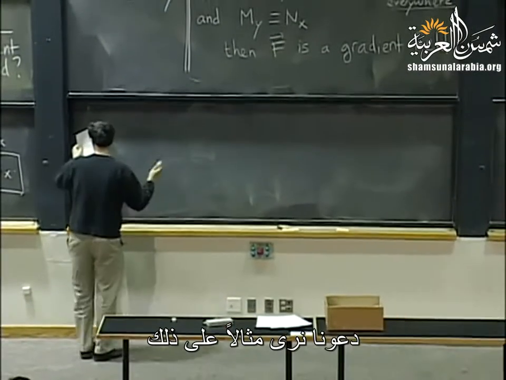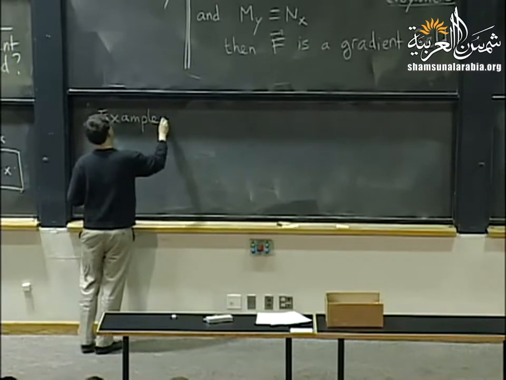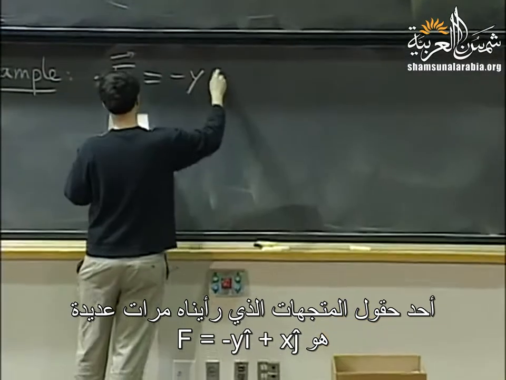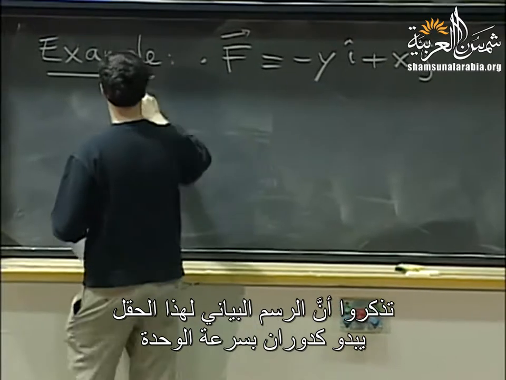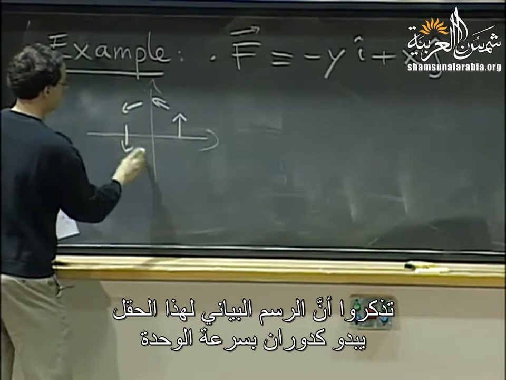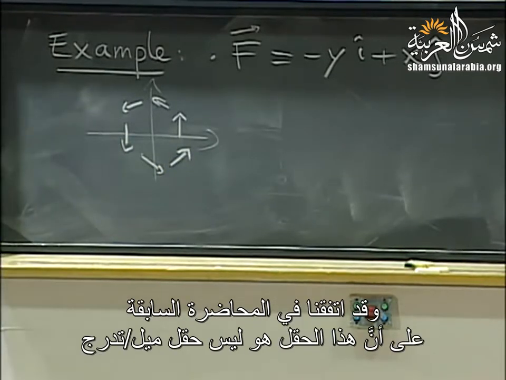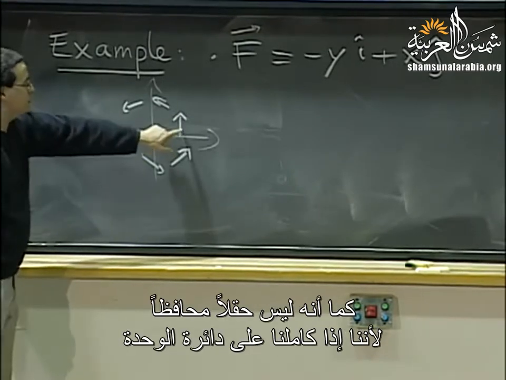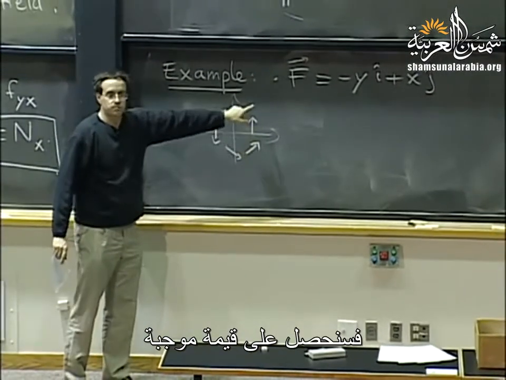Okay, so let's look at an example. One vector field that we've been looking at a lot was minus y i plus x j. Remember, that was the vector field that looked like rotation at unit speed. Last time we already decided that this should not be a gradient field and should not be conservative, because if we integrate on the unit circle, we get a positive answer.